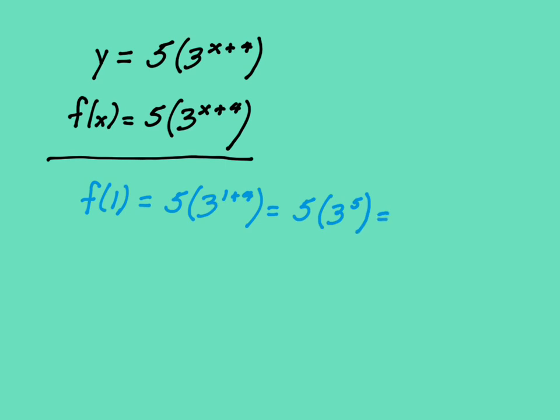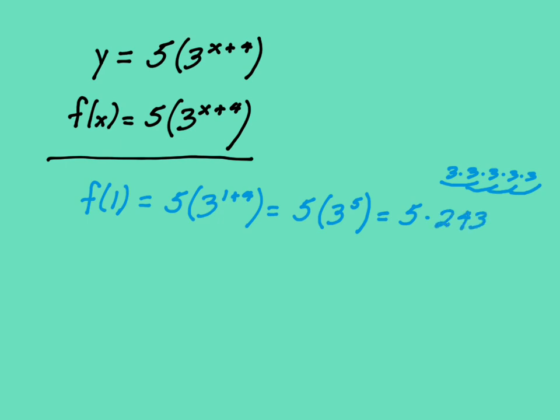Well, 3 to the 5th, remember, is 3 times 3 times 3 times 3 times 3. So we've got 9 times 3, 27, times 3 is 81, times 3 again, 243.